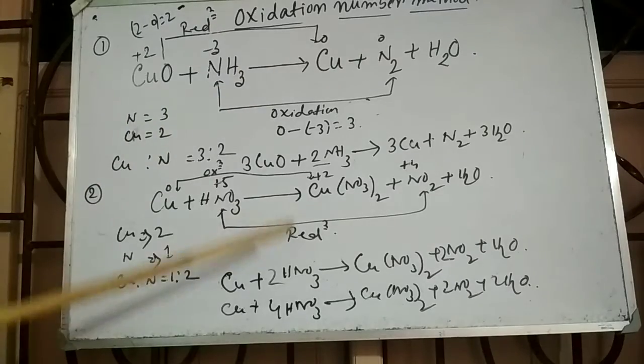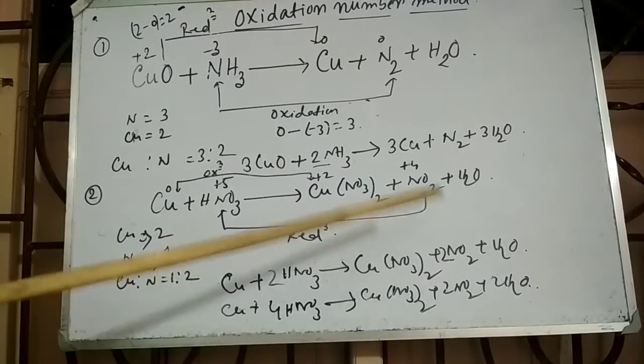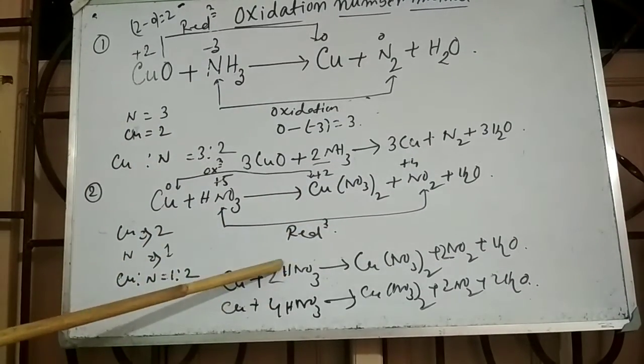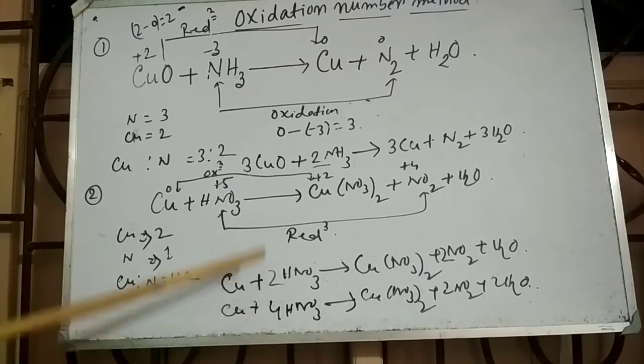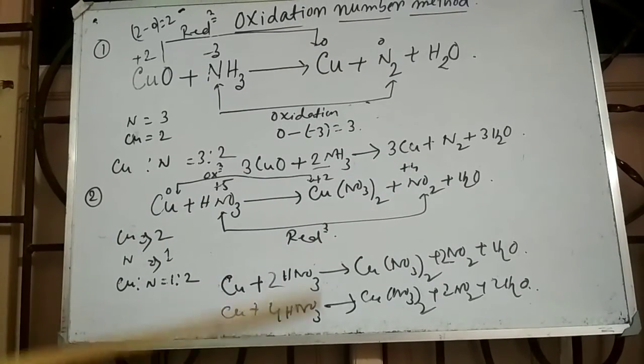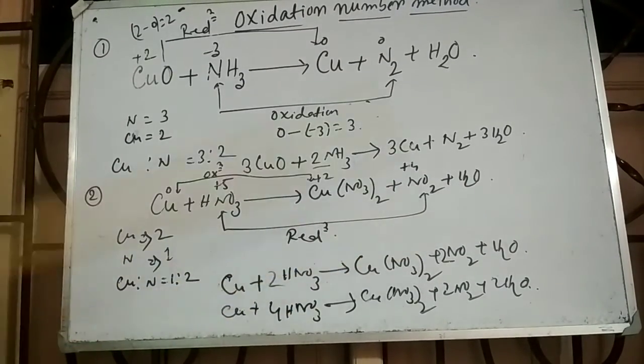So in order to maintain the balance on both sides, 2 nitrogen are added, that is 4 nitric acid is required to balance the equation on both sides.